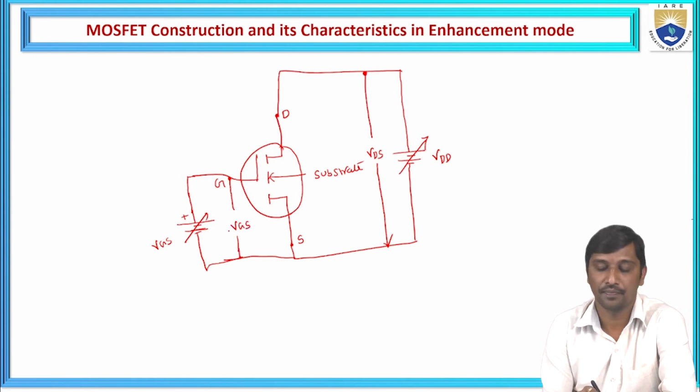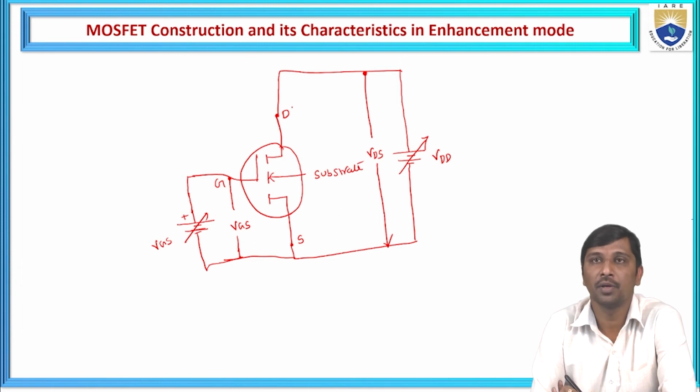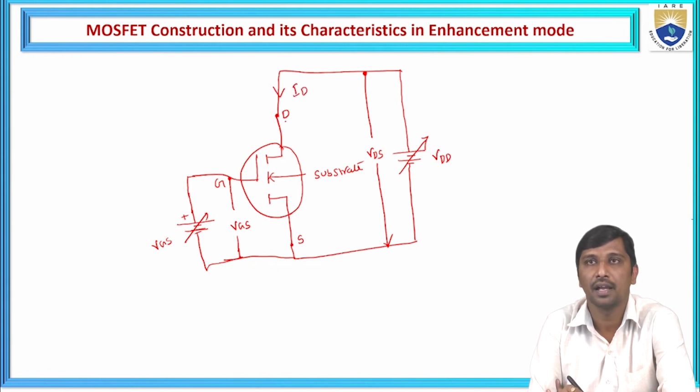Due to this biasing, the potential difference between gate and source is represented as VGS. Now we need to find out how much drain current flows due to the applied electric field between drain and source as well as gate and source. That drain current is represented as ID.